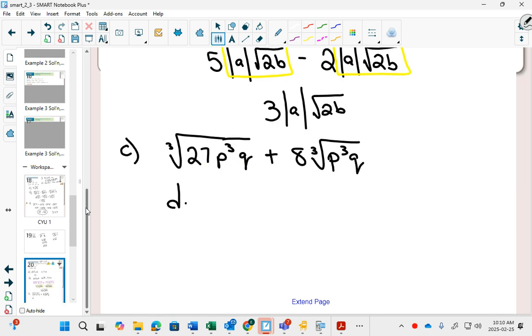Start off with define. It's an odd index. It can be everything no matter what for both of them. No thinking required with odd indices.